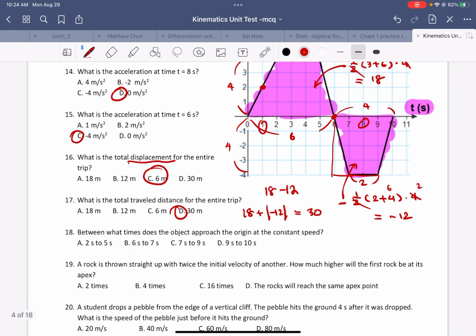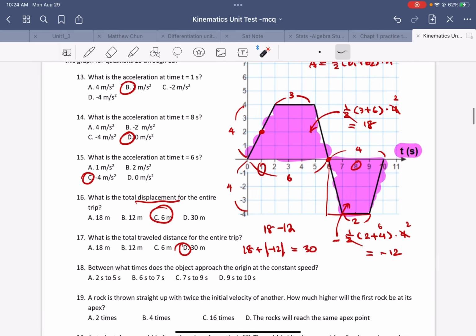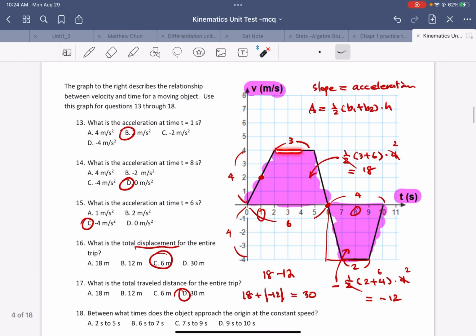Number 18, between what times does the object approach the origin at constant speed? Approach the origin at constant speed. Where is the constant speed located? If you look at this, remember it's VT. I see constant speed here and constant speed here.